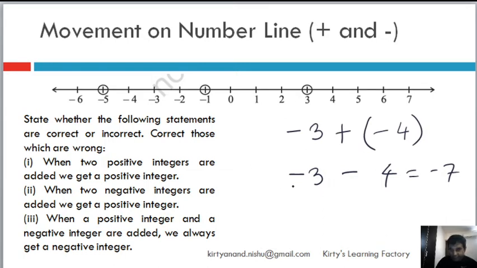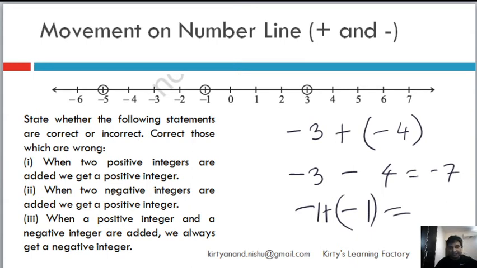Let's take another example. Let's take -1 and -1, okay. What do we get? -1 plus -1. So adding a negative integer basically means subtracting a positive integer, okay.